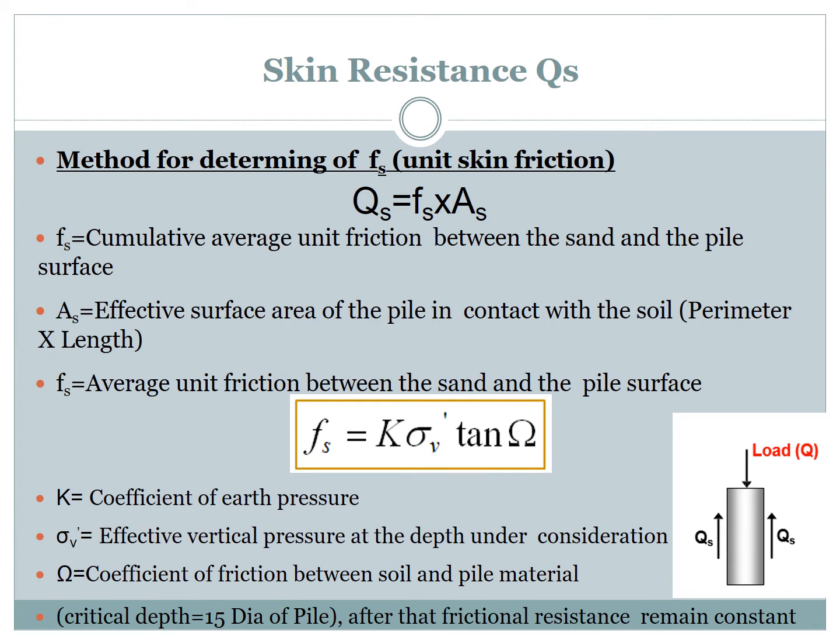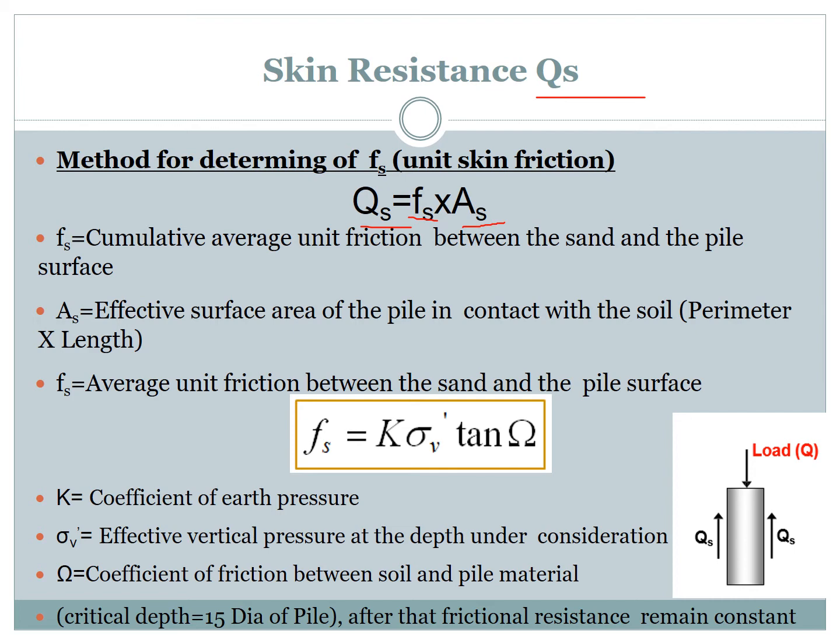Next, skin resistance, or the method of determination of Qs. The frictional resistance Qs is obtained after estimating the unit skin friction, fs, and the surface area of the pile.